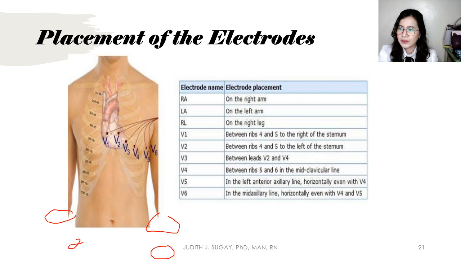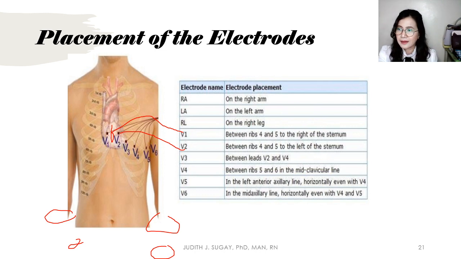We also have V1. V1 is between the fourth and fifth ribs, to the right of the sternum. So this was the sternum, and then V2 we have still between fourth and fifth ribs, to the left of the sternum.